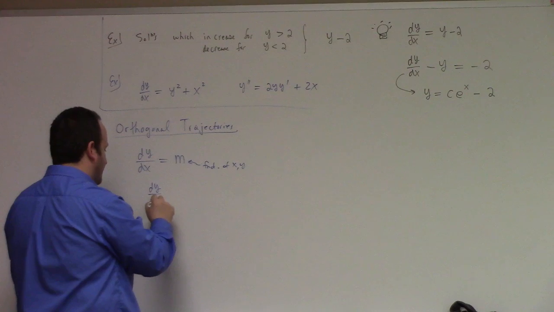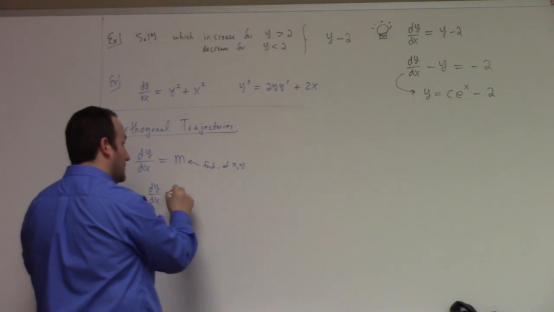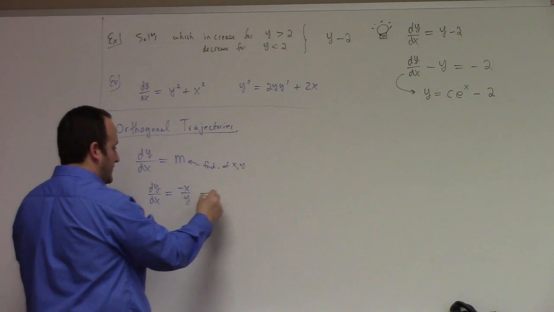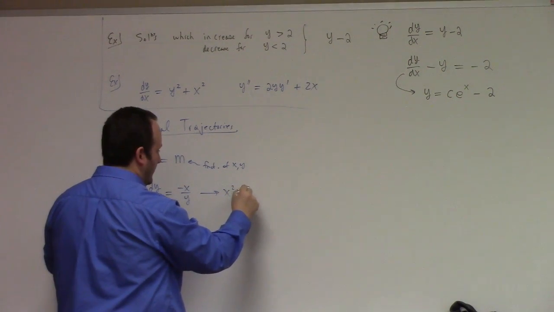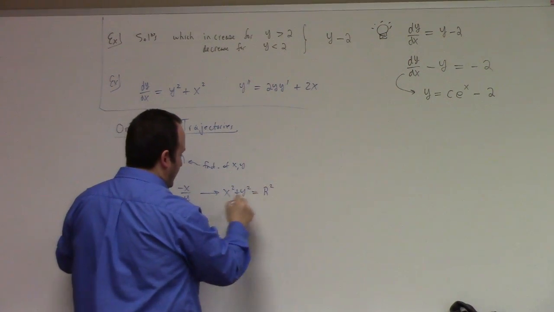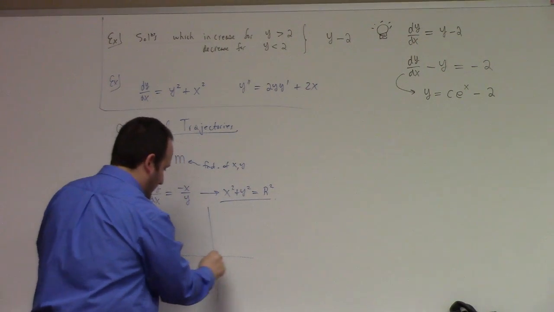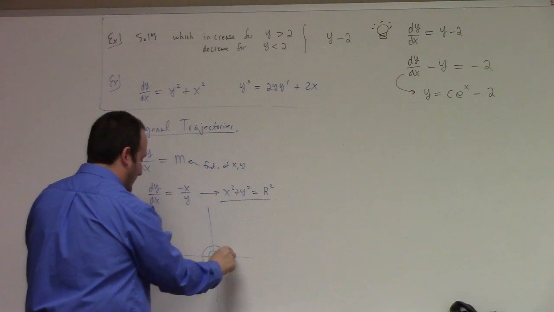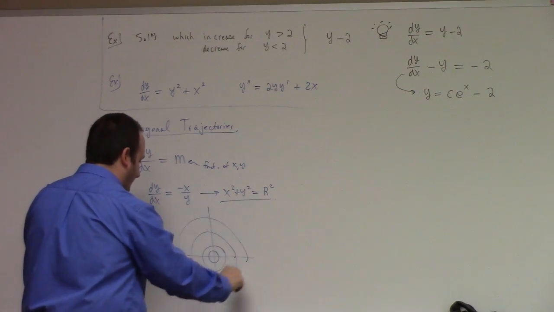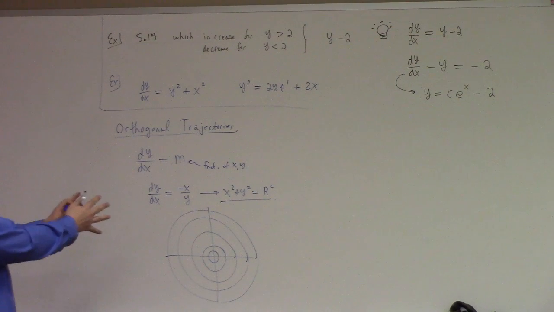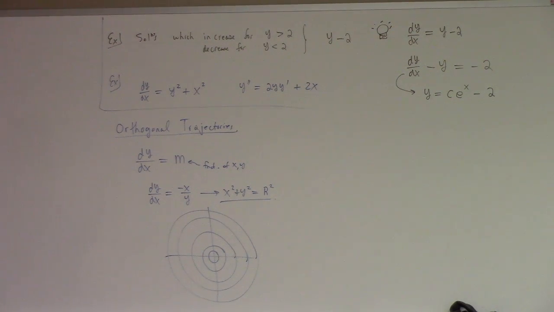Dy dx equals minus x over y, we found solutions x squared plus y squared equals r squared, basically. So those, of course, are this family of circles. That given differential equation has that family of solutions.